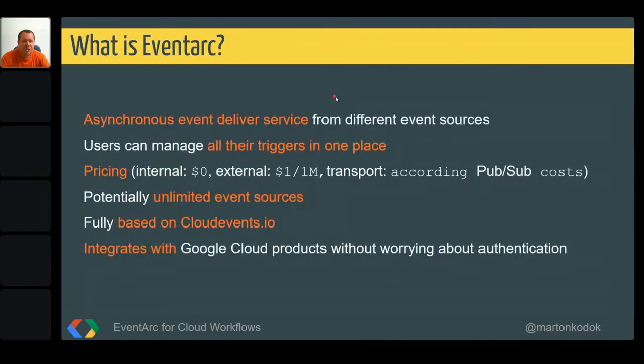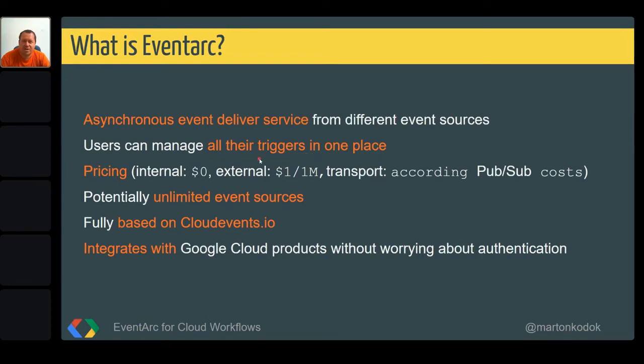Good. So what is Eventarc? Eventarc is an asynchronous event delivery service from different event sources. Users can manage all their triggers in one place. So essentially, in your cloud applications, you might have triggers.